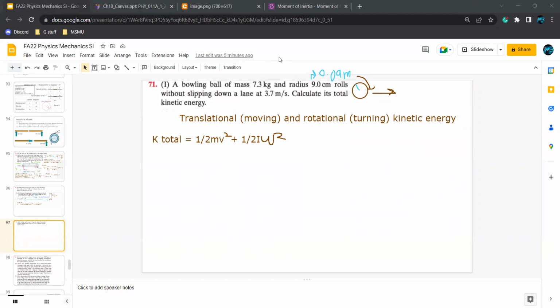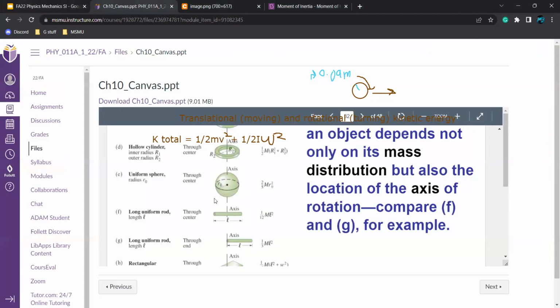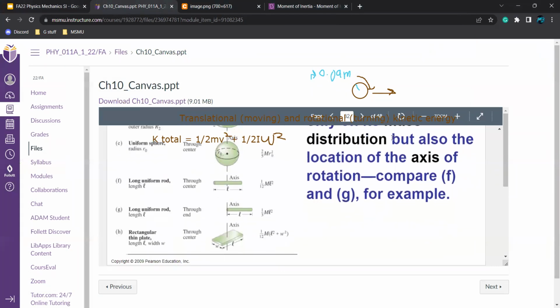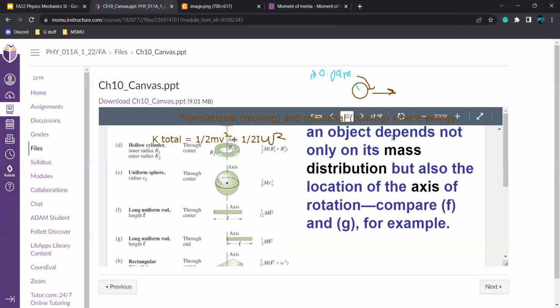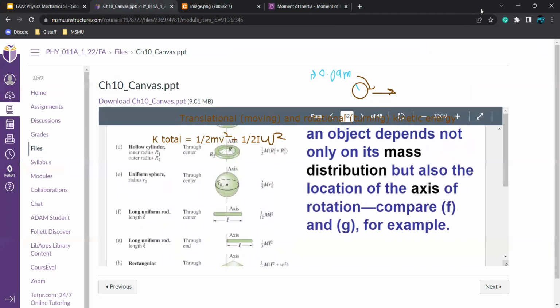Okay. Anyway, so we're going to use this I, the 2/5 one. Let's see if I can just type it in. I equals 2 over 5 m r squared.